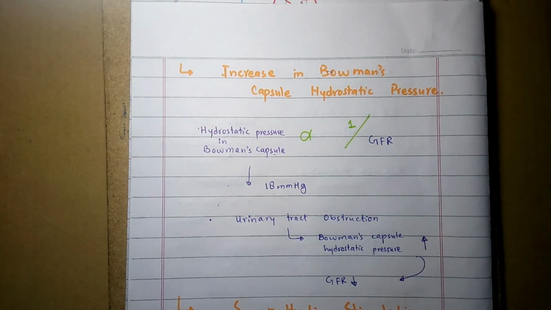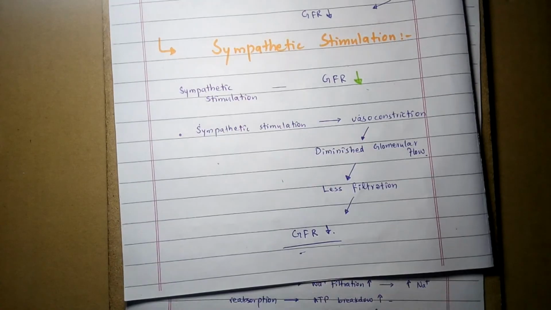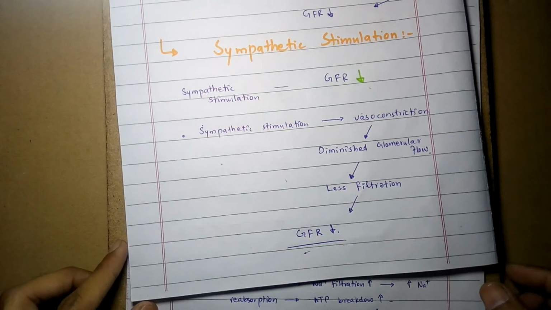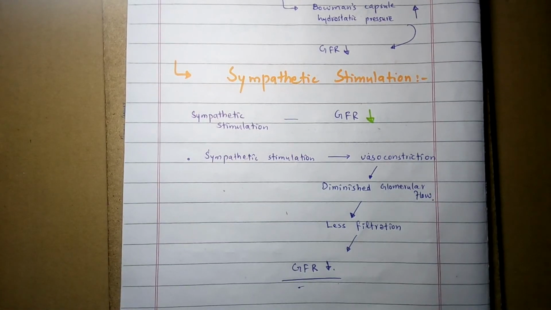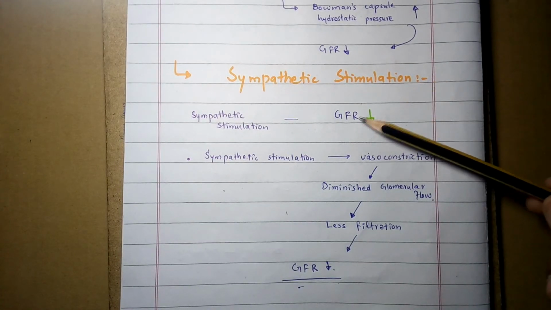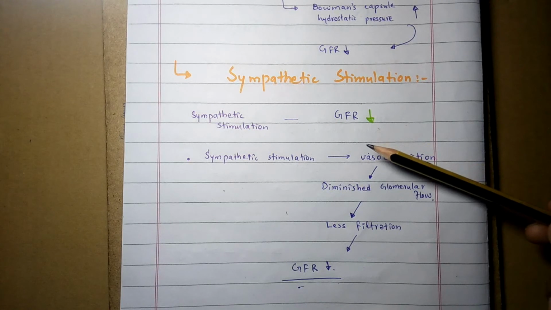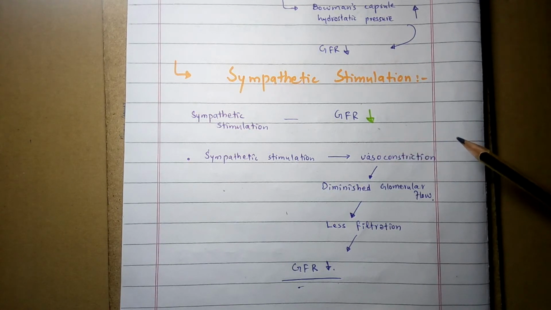Then sympathetic stimulation also contributes to the decrease of the GFR. The renal afferent and efferent arterioles are heavily innervated by sympathetic fibers.